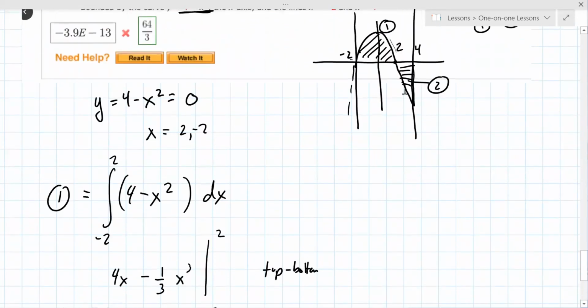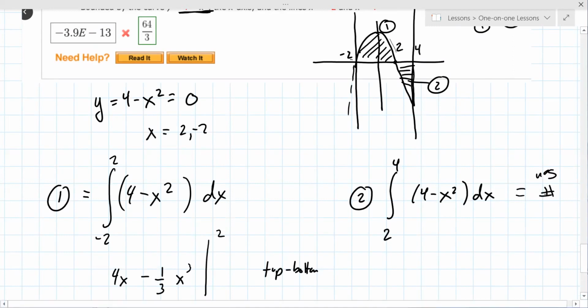So now to find region 2, you're integrating from 2 to 4, and it's this 4 minus x squared. Now, since the area is below the x-axis, you're going to get a number here that is negative, and you have to make it positive.